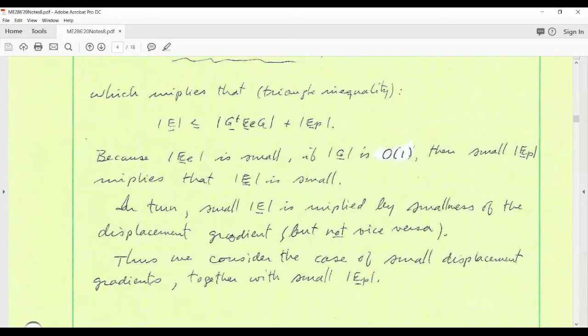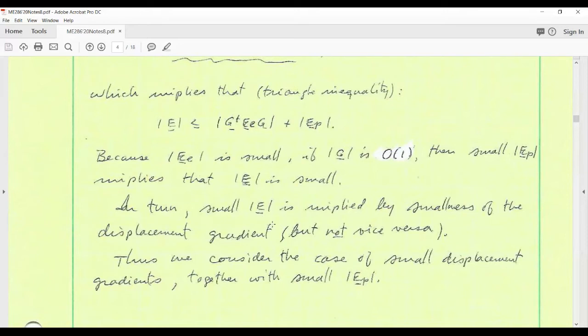We'll talk about the displacement gradient in a moment. So a situation in which your displacement gradients are very small would imply that the strain is small, but not vice versa, because you can have a small strain with a finite displacement gradient due to finite rotation effects.